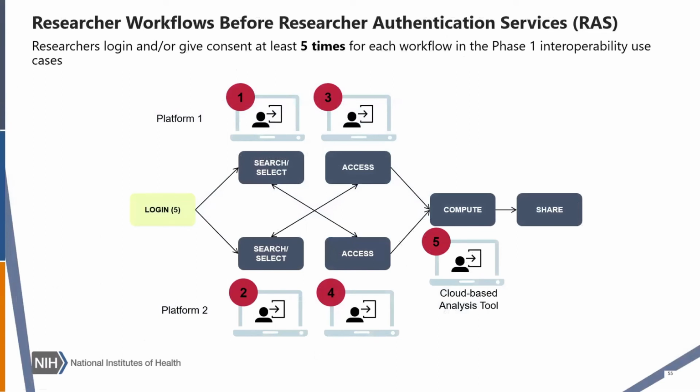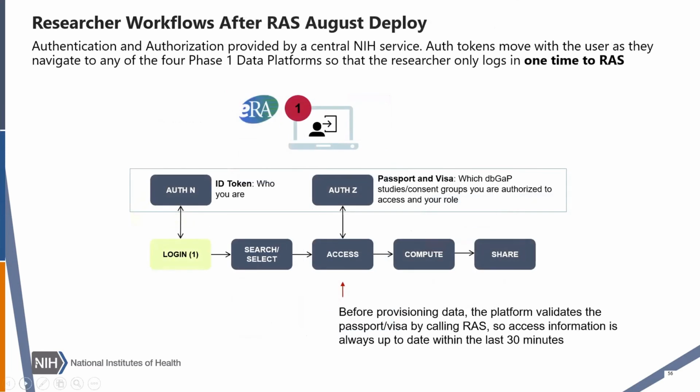Before we started this project last year, if you wanted to get data access across different platforms, it was a bit of a kabuki experiment. You'd have to get access and authentication across different systems at different times. It sometimes could take up to 2 years. It was quite a bit of work. So we streamlined at least a bit of this. We have a researcher authentication and authorization system.